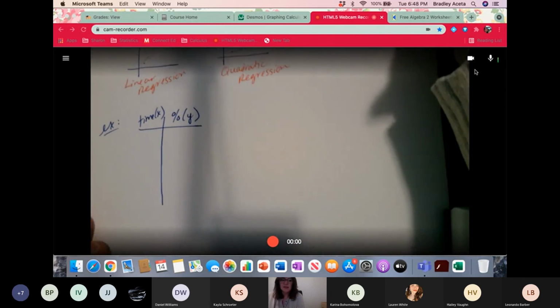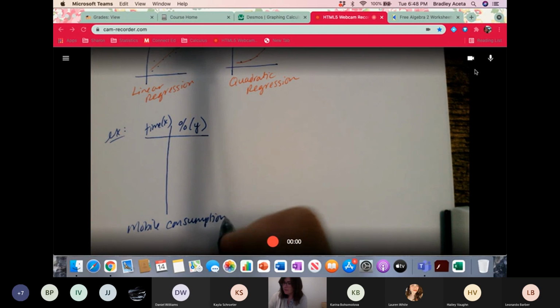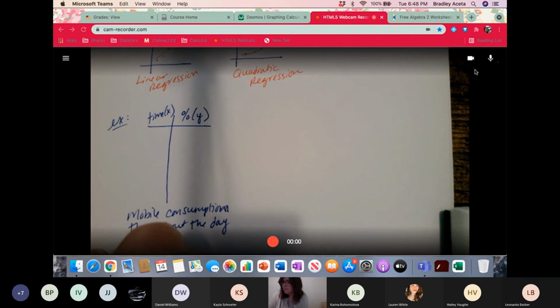This is the mobile consumption throughout the day. I mean, you don't have to write this, but that's really what it is, where X equals 0 is noontime.